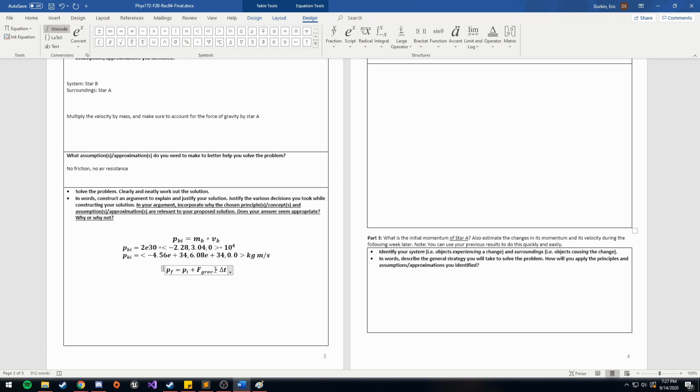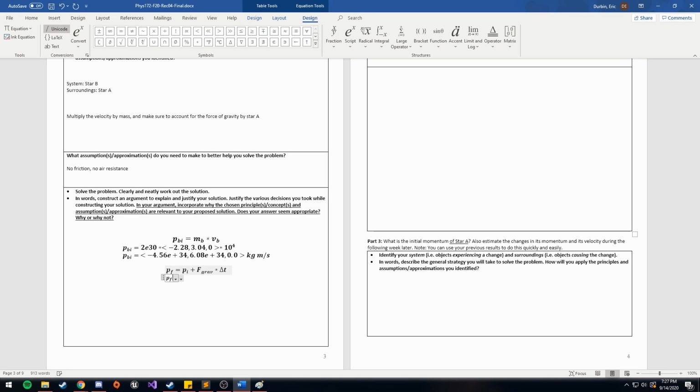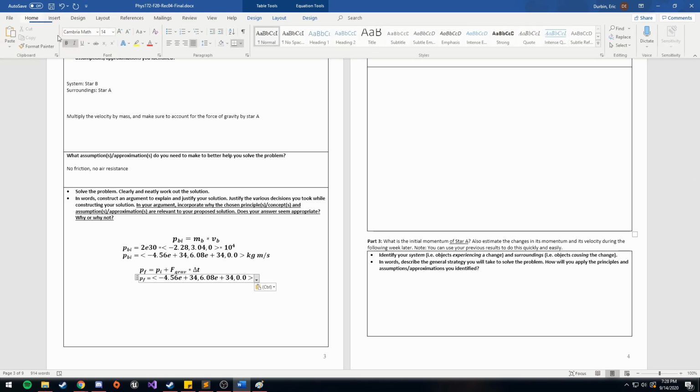Yeah, velocity is like 10 to the 4th, but I didn't multiply the decimal with 10 to the 4th. You just add it to the exponent. So 10 to the 30th times 10 to the 4th is 30 plus 4, 10 to the 34th. Okay.